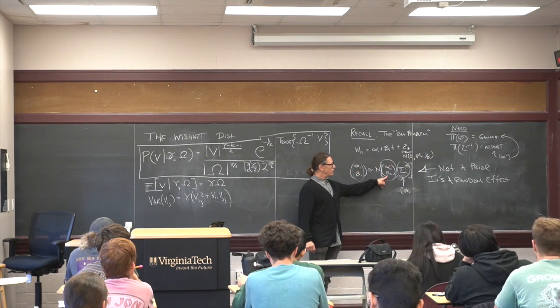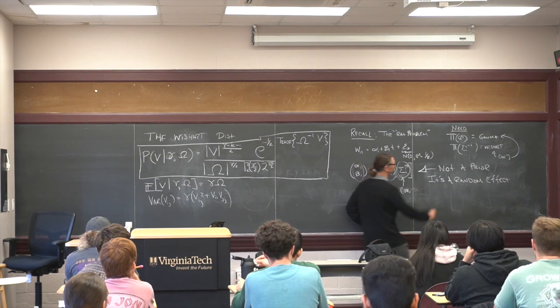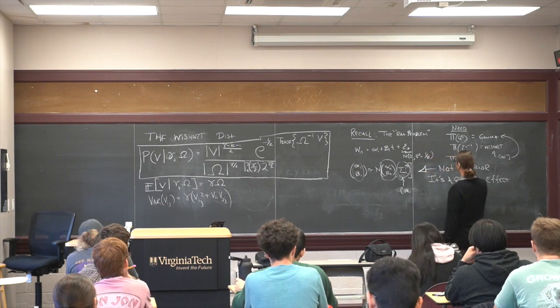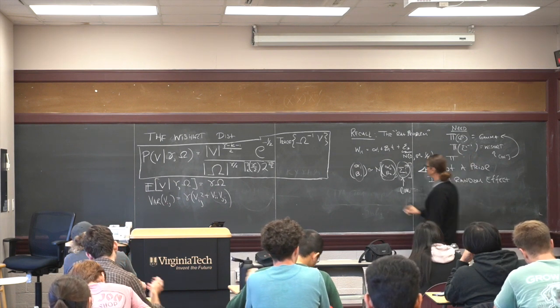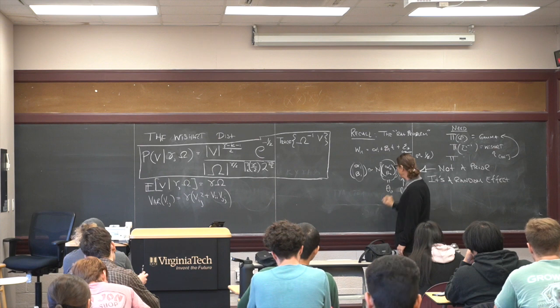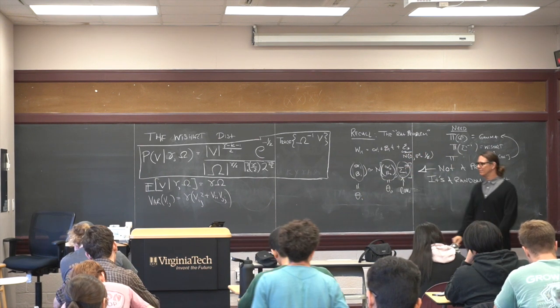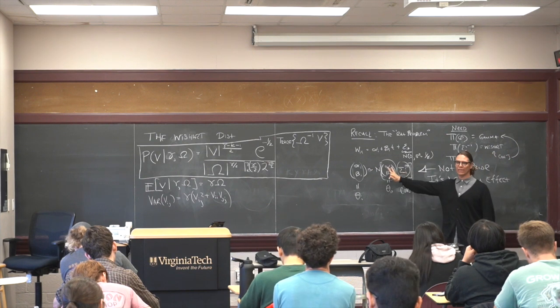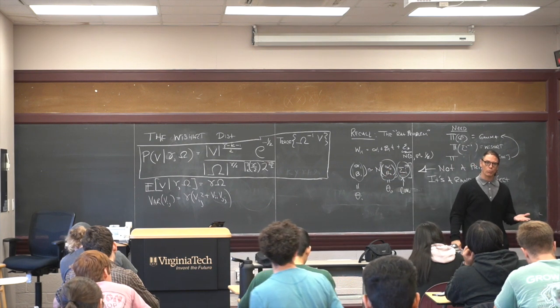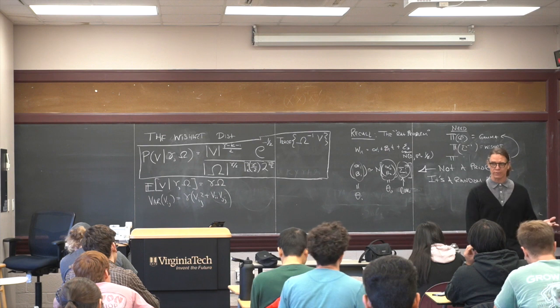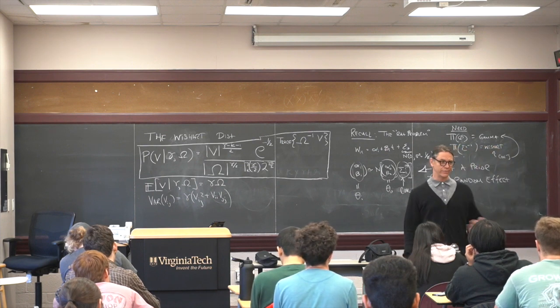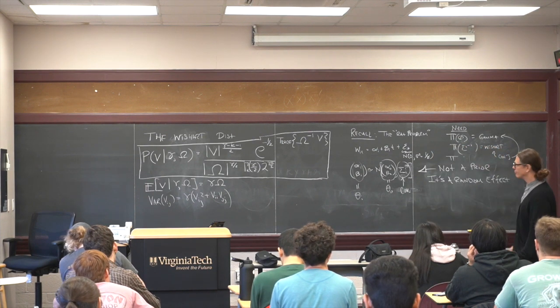We also need a prior on these. Beta naught, and I'm going to just nickname these things. I'm going to call that theta naught, and I'm going to call that theta i. It'd be a little bit easier to work through this in matrix notation, and that's what I'd recommend you do in your homework, and work in inner products and outer products, and do not work in sums of squares notation.